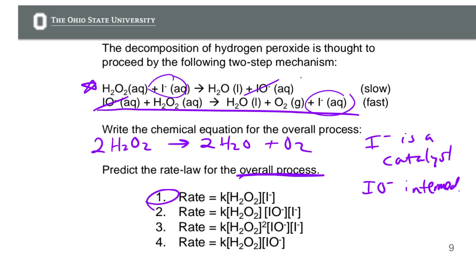And so if we write the rate law based on that, we'll have rate equals k times the concentration of H2O2 times the concentration of I minus. And the catalyst can show up in the rate law. An intermediate cannot. We'll get to that. But a catalyst can. Okay. Questions on that? Okay.